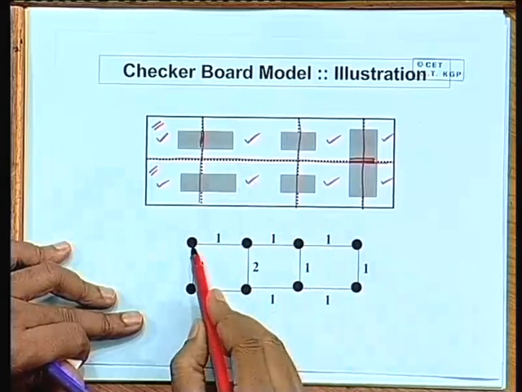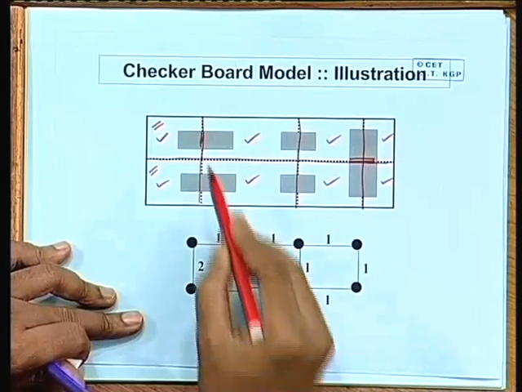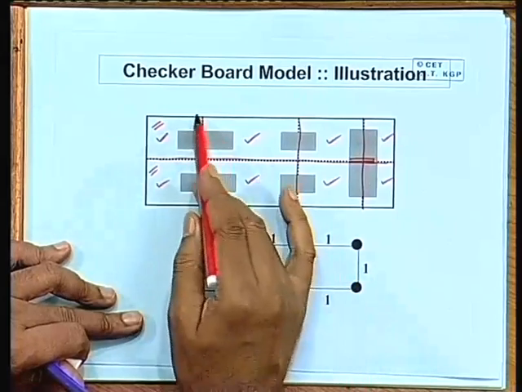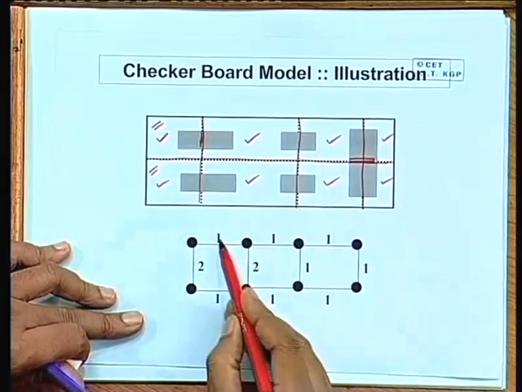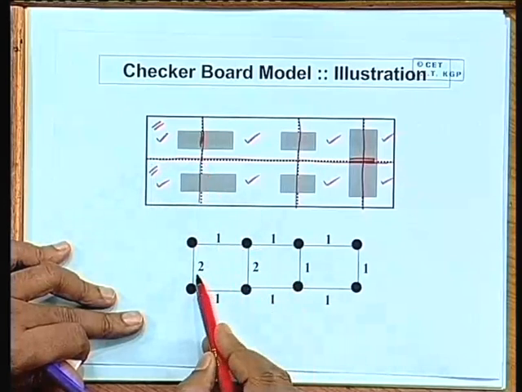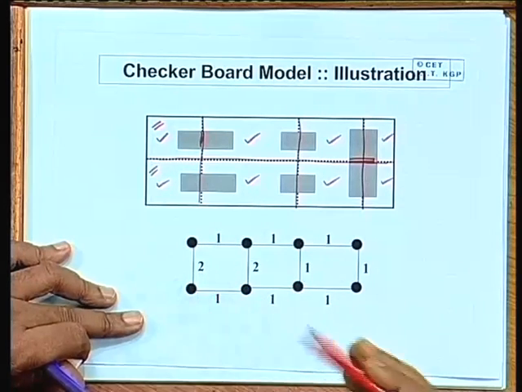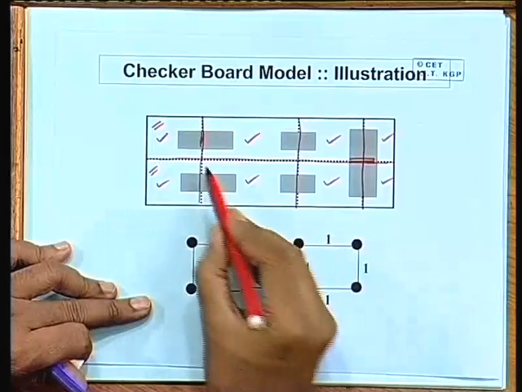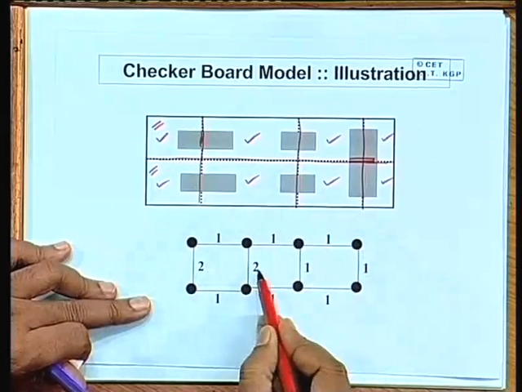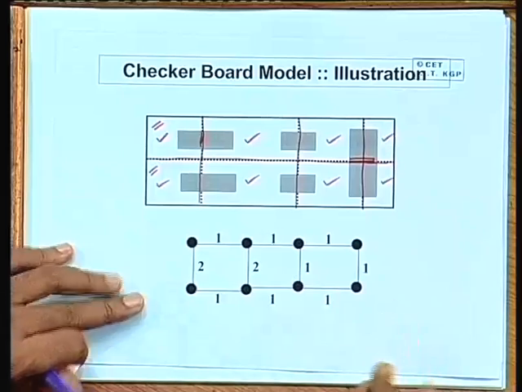So, an edge represents a boundary between two regions. If the boundary is partially obstructed, you give a weight of 1, if it is unobstructed, you give a weight of 2. Of course, you can refine it further depending on the size of the region, you can give other numbers also, 3, 4, 5, but in the simplest case you can assign these two numbers, 1 and 2. So, let us again come back to the previous slide.